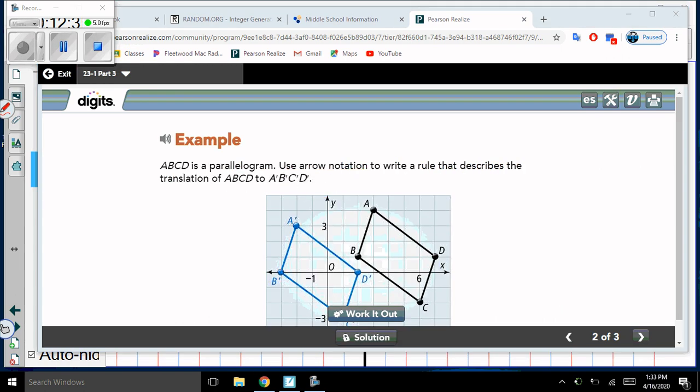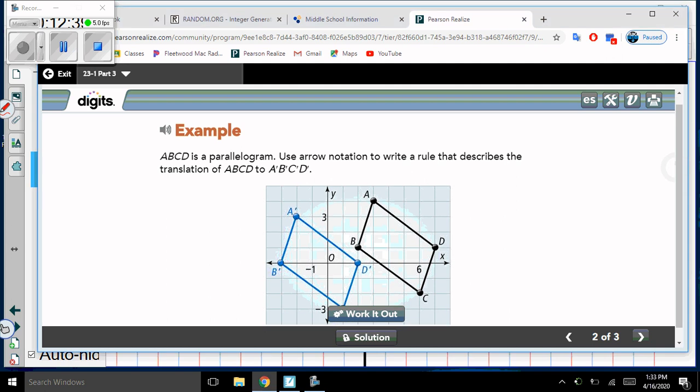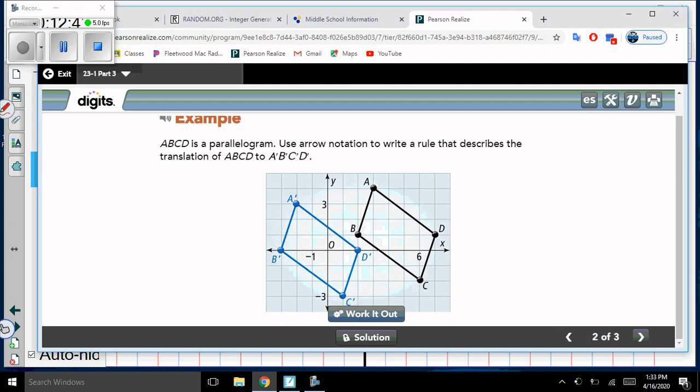It says we have parallelogram ABCD. We're going to use arrow notation to write a rule that describes that translation. All we have to do really is look at one point. So I'm going black to blue. I'm going to go over 1, 2, 3, 4, 5 to the left, 5 left, and I'm going to go down 1.